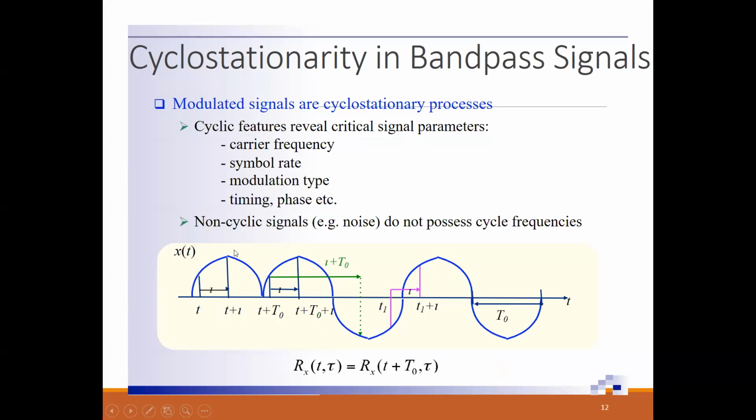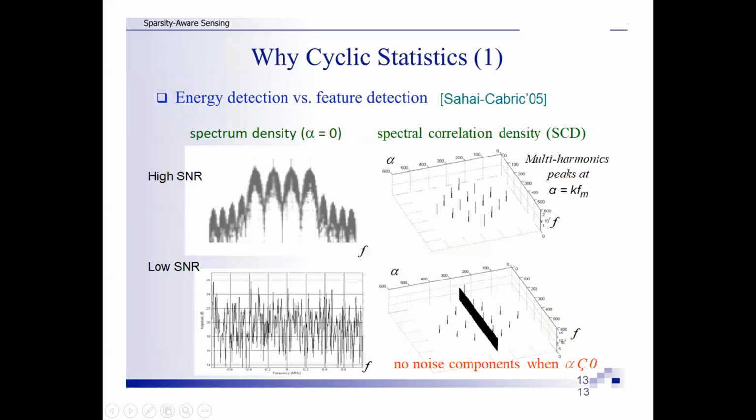Autocorrelation means you compute the matching between waveforms or portions of width equal to T0. If you think of such an operation, that will give you the cyclostationarity feature in the signal. Any modulated bandpass signal has a cyclostationarity feature. Let me go to the slide and explain it better.